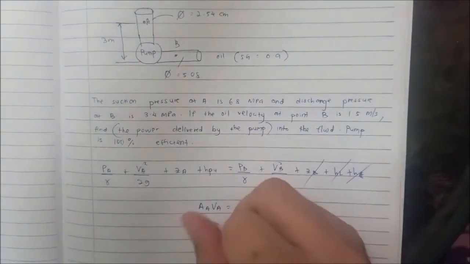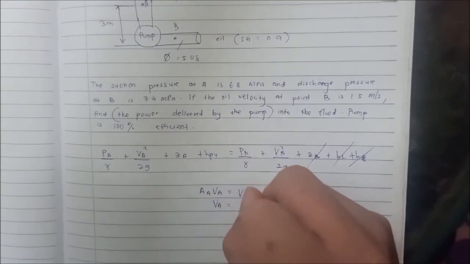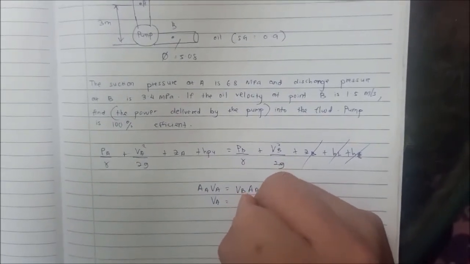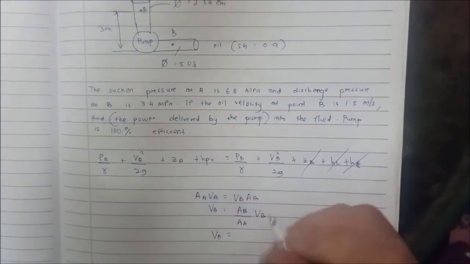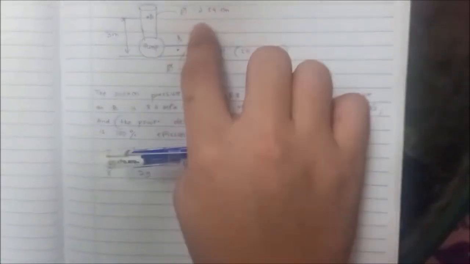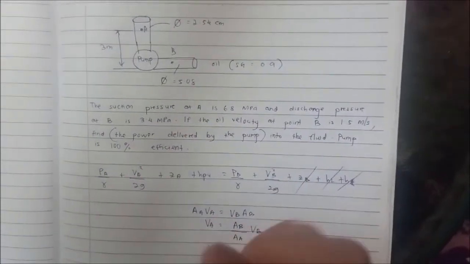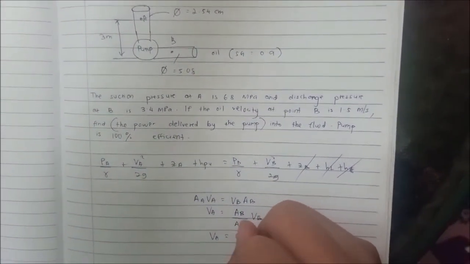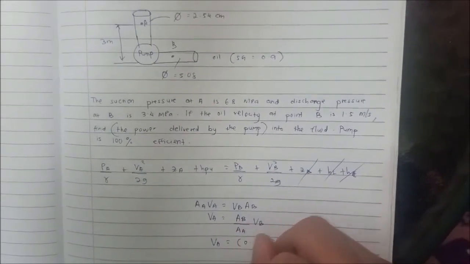So we have to find the velocity of A. Now we know the diameter of A is 2.54 cm. So we have to change it to meter, so it will become 0.0254.